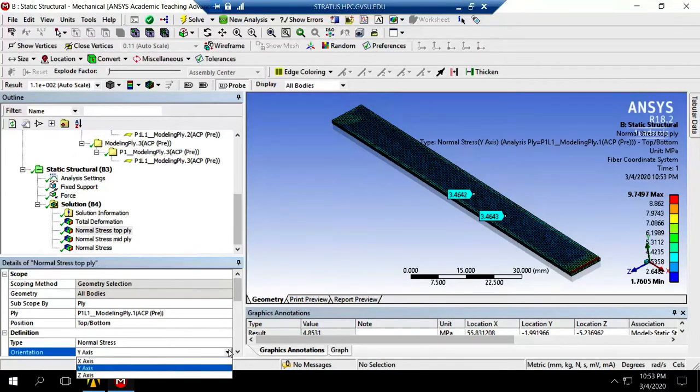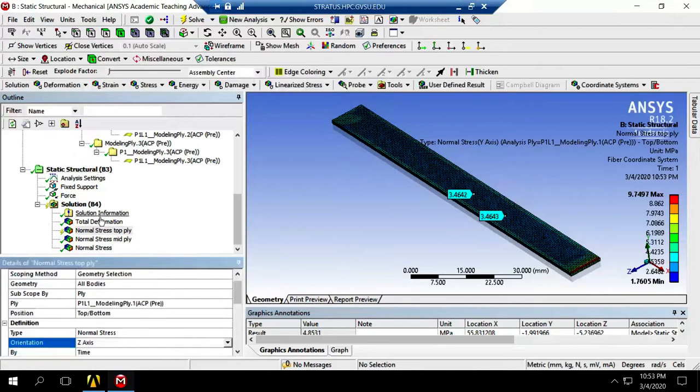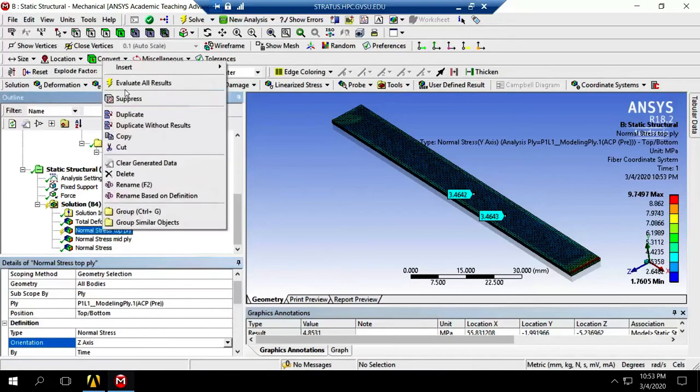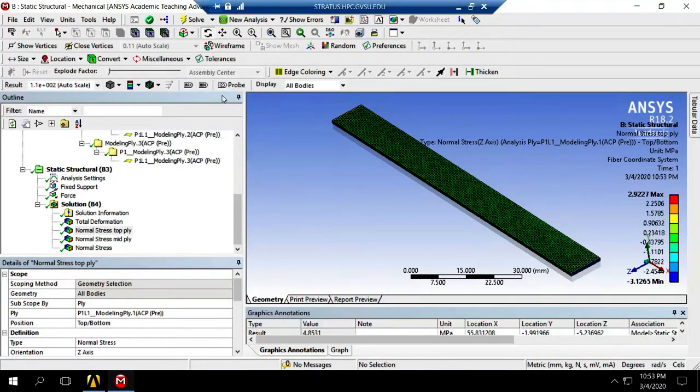And in the other transverse direction, let me see how much my stress is going to be. It's tiny, so this is along the thickness. Along the thickness, which is my Z, the stresses are negligible, but in the transverse and in the longitudinal direction we had some load, but still it was small for the top layer.